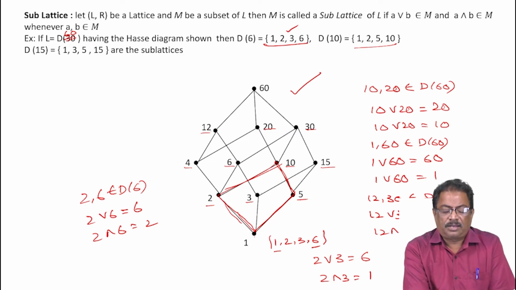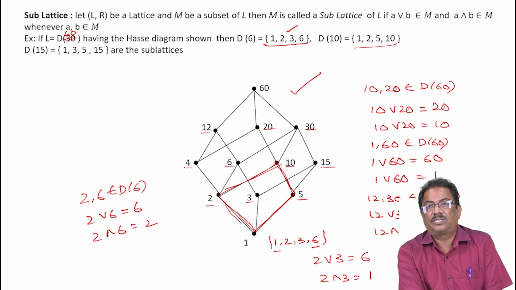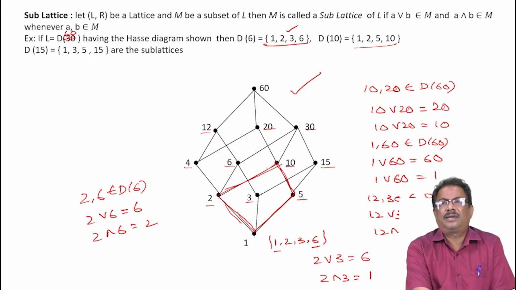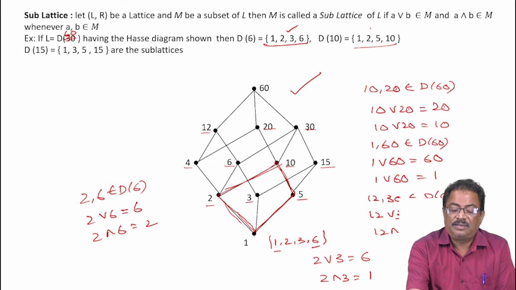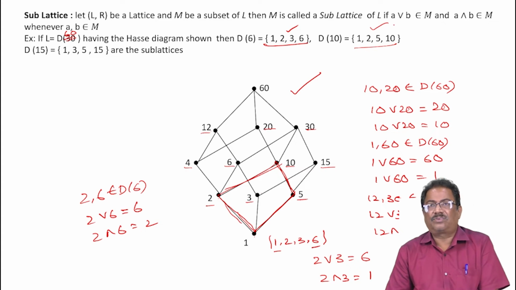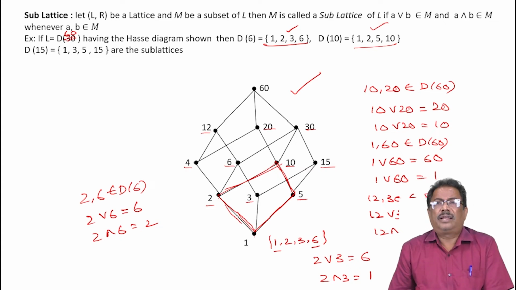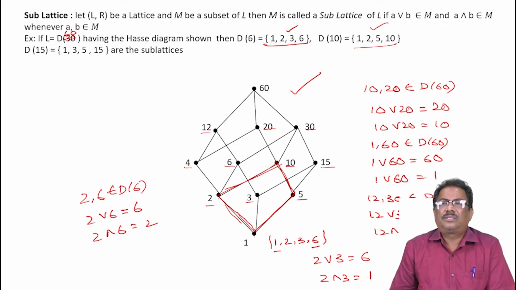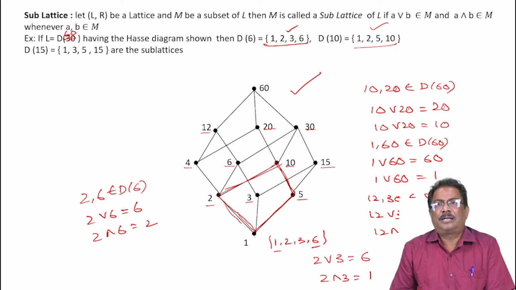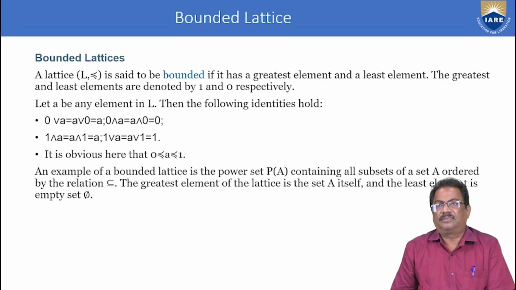If I am taking 2, 10, then obviously the least upper bound is 10 and the greatest lower bound is 2. So we can say that D10 is also a sublattice. Like this, whatever subset you are considering from the given set which satisfies the lattice properties, that is also a sublattice.